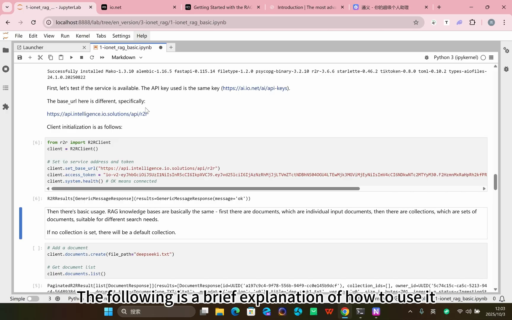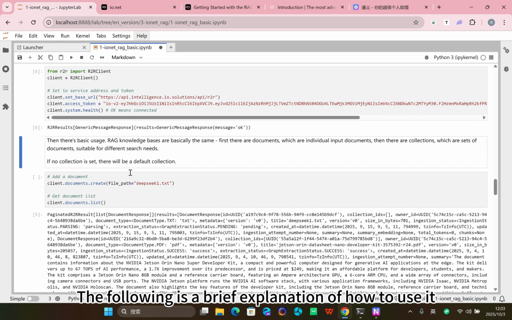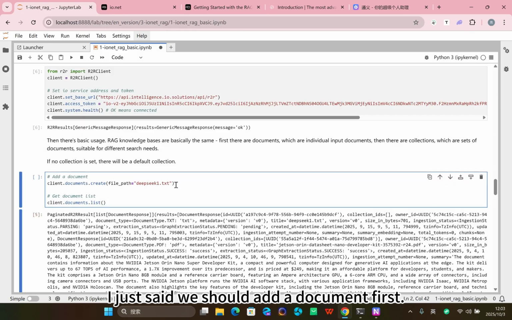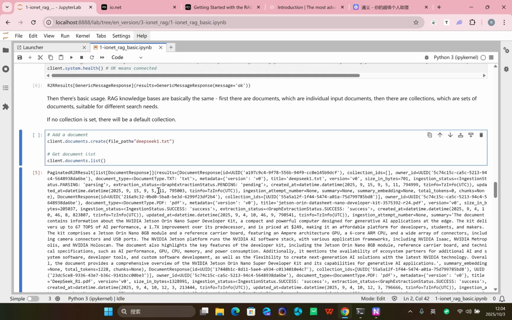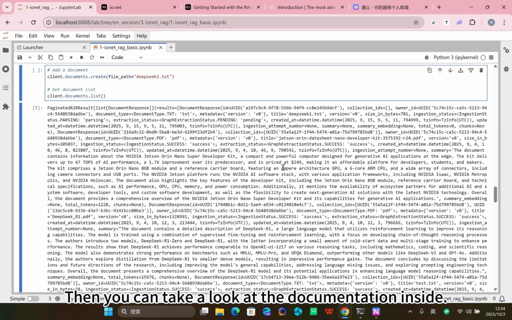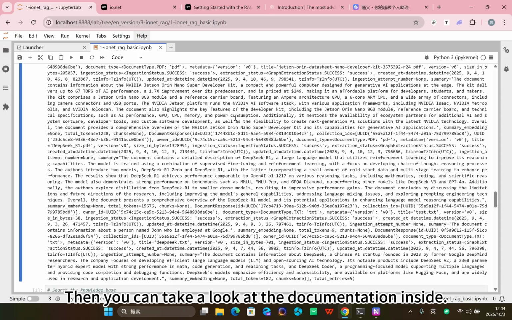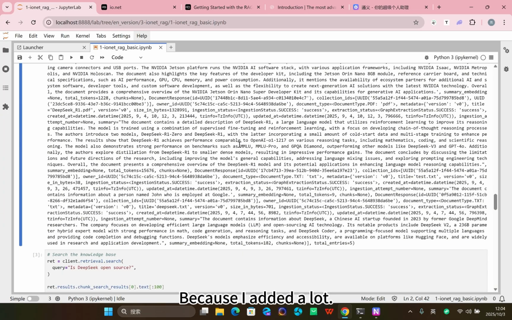The following is a brief explanation of how to use it. The first step is to add a document first. After adding the document, it automatically splits it, so you don't have to worry about that. Then you can take a look at the documentation inside, because I added a lot.